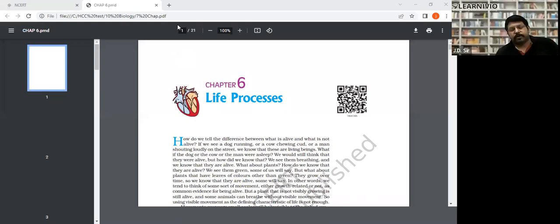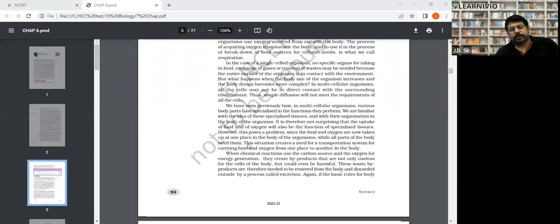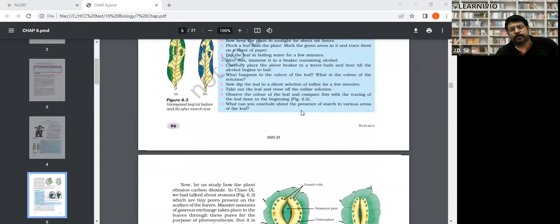Okay, so now it should be visible to you, right? Then autotrophic nutrition. This experiment, I told you that this is very important.